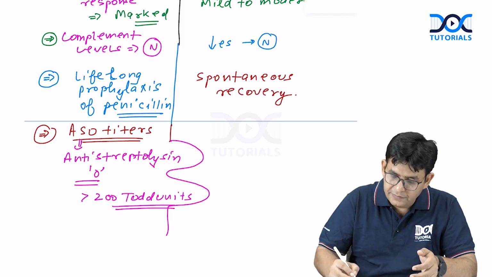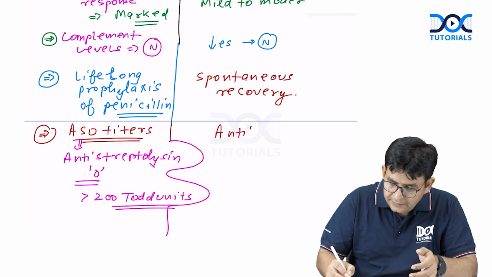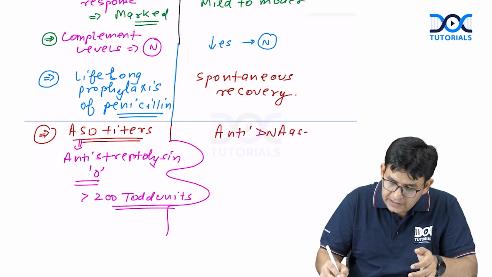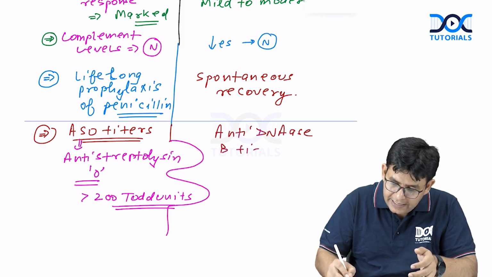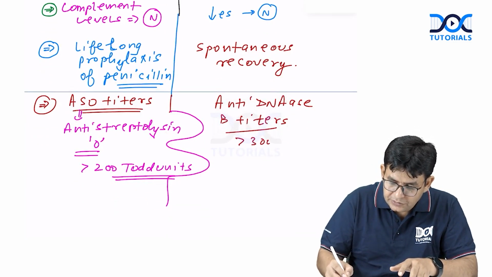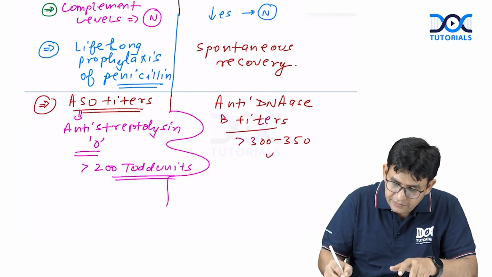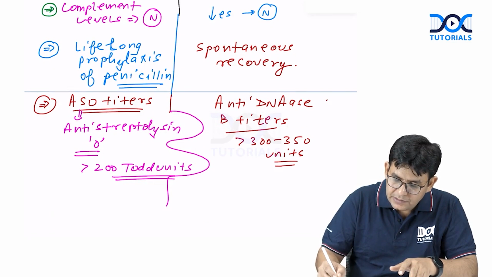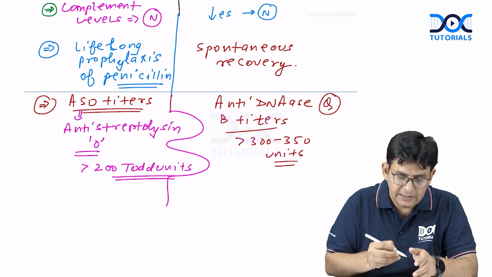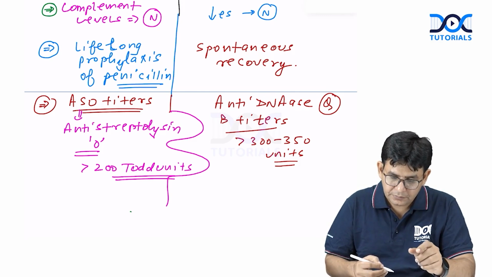Whereas in acute glomerulonephritis, which titers do you go for? Anti-DNase B, more than 300 to 350 units. This was asked in one of the exams, and you should know that.